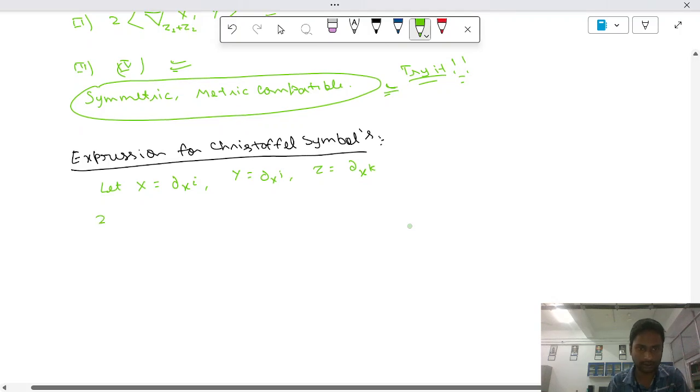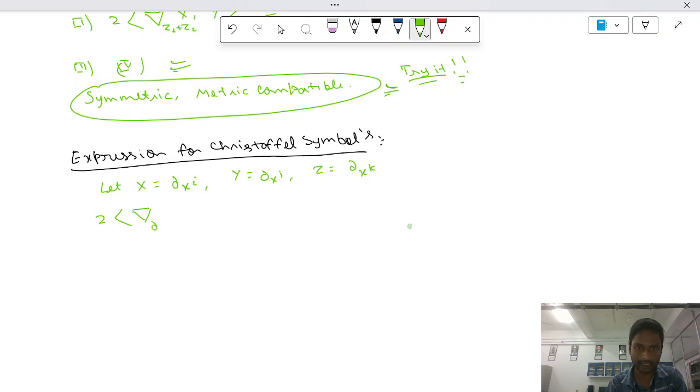So this is 2 times nabla_Z x, where Z is del x_k, and this is the inner product of del x_i, comma y, which is del x_j, equal to what we had on the right hand side. First we had x y z. So your x is del x_i, and the inner product of y z, so this is del x_j, del x_k.